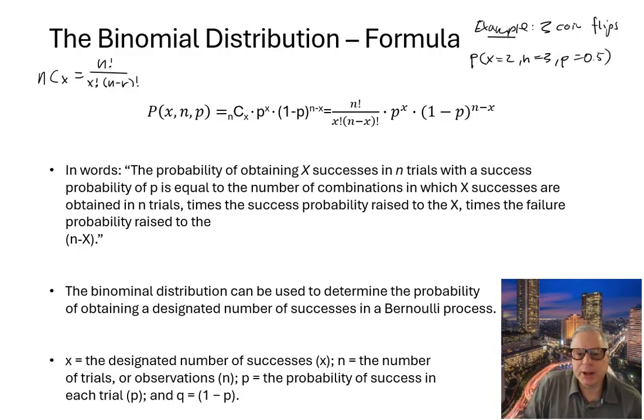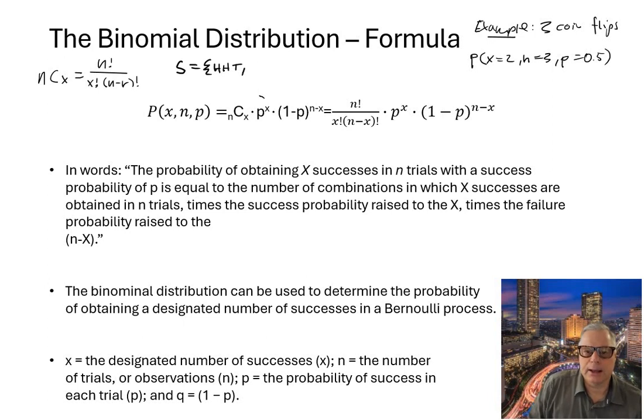So now this part of the formula here, this n choose x formula, tells you how many ways there are to get 2 heads in 3 coin flips. Well, the relevant set would be, I can get head, head, tail.